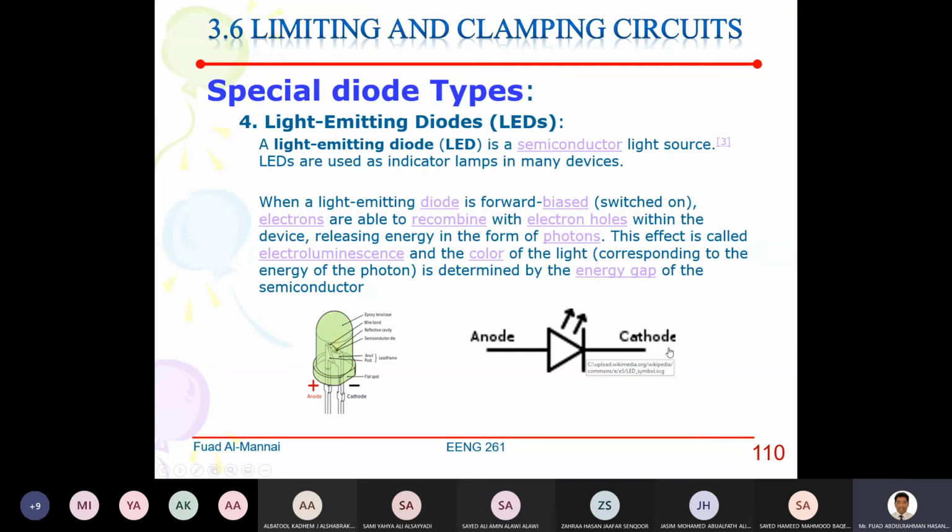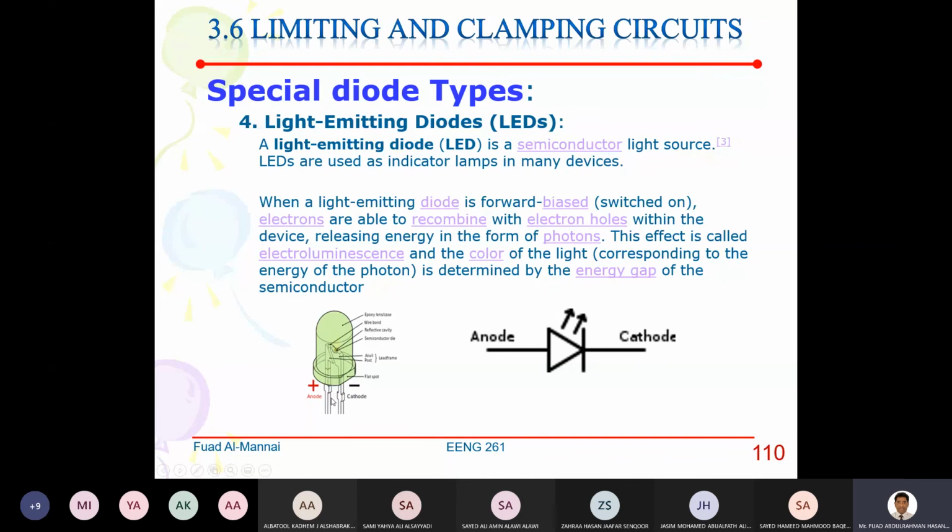The color of the light emitted from the diode corresponds to the energy of the photon, which is determined by the energy gap of the semiconductor. This is the symbol for it, with the two arrows up. And over here is the physical device that you will see.